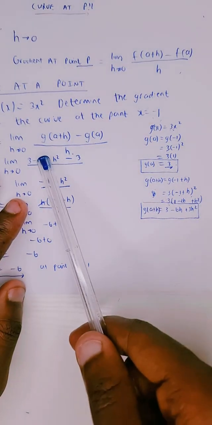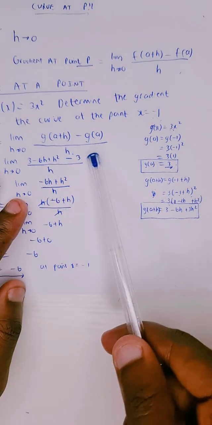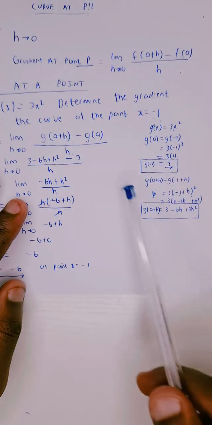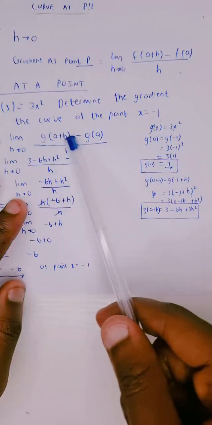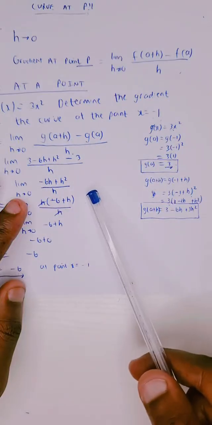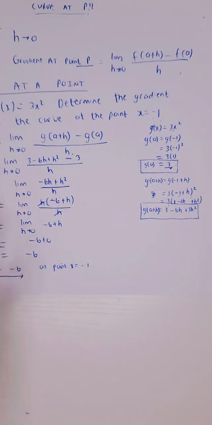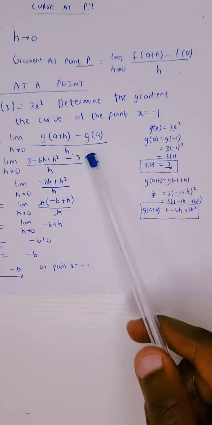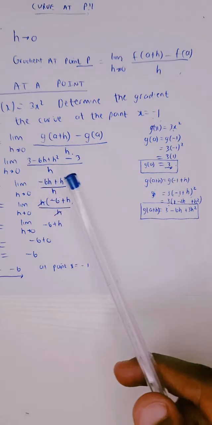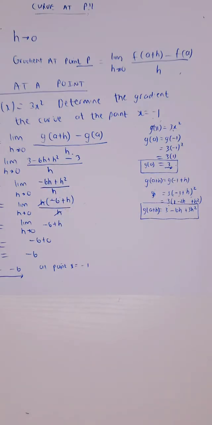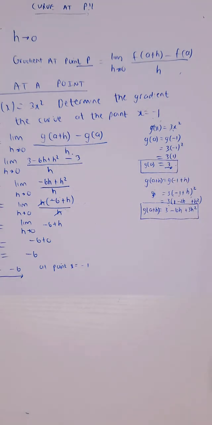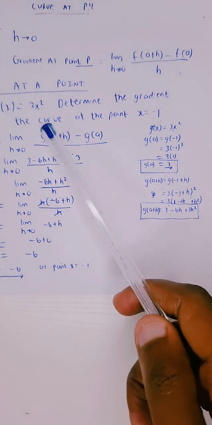So we substitute g of a plus h minus g of a. The reason why I did it on the side is so as to avoid overcrowded values. I don't want things here to be overcrowded and for me to potentially make mistakes because there are so many terms and so many things substituted for the numerators.